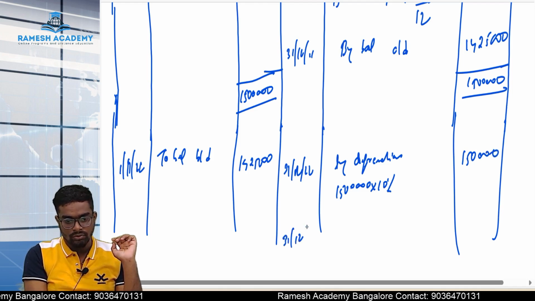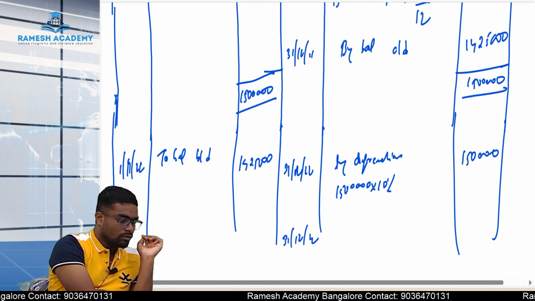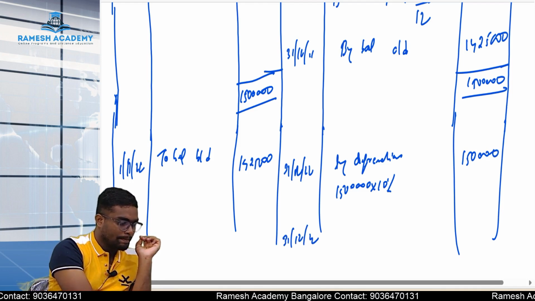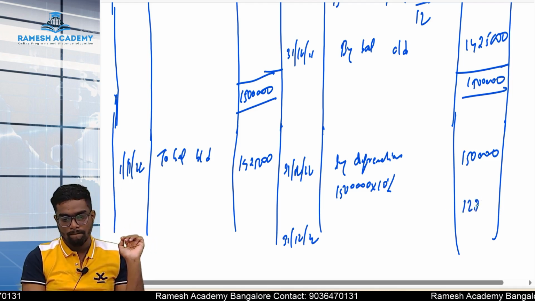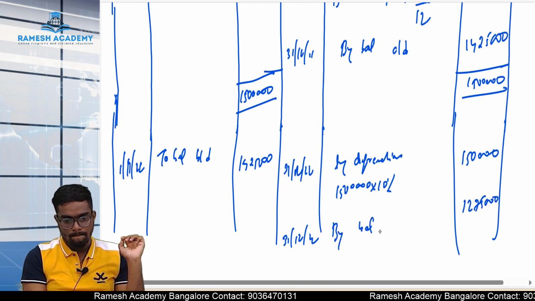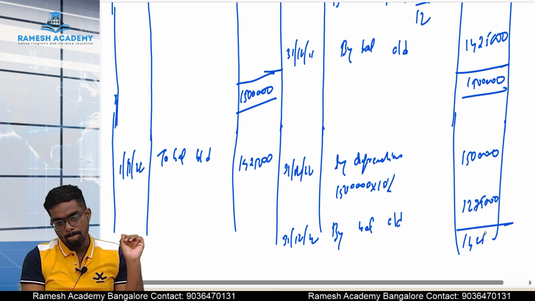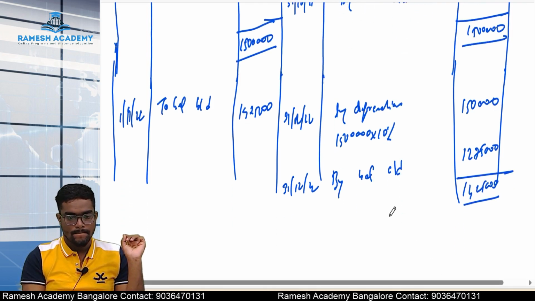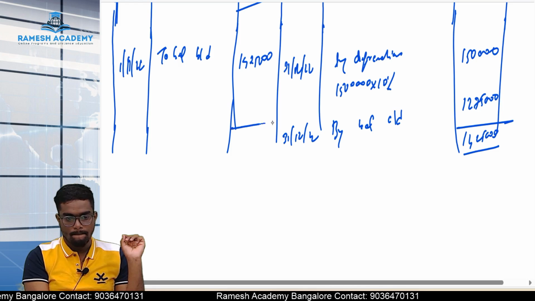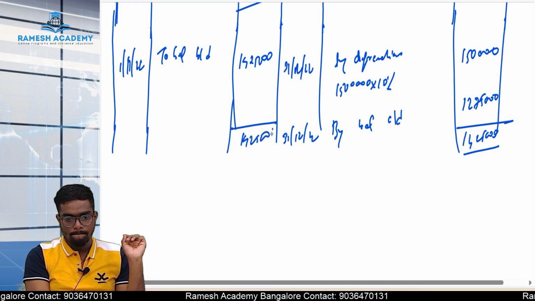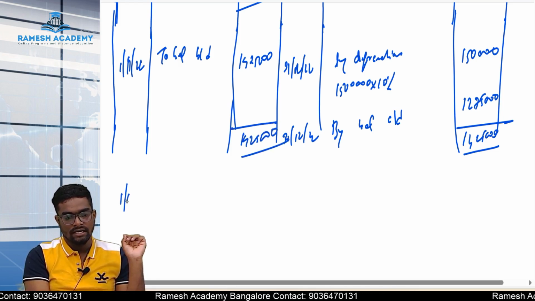So balance would be 14 lakh 25 minus 1 lakh 50, 12 lakh 75. Okay, that I'll be carrying for next year.